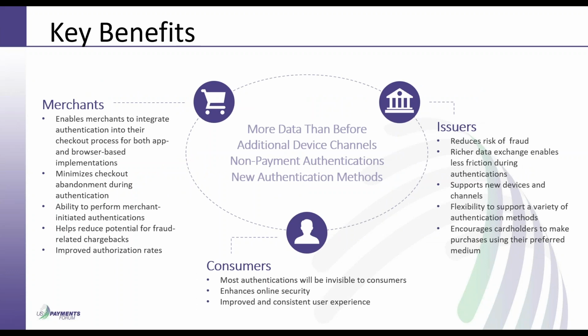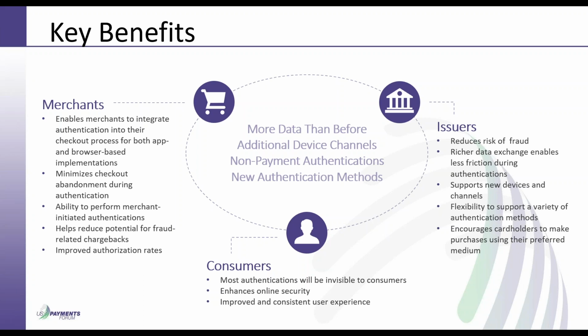Okay, so the EMV 3DS enhancements that I highlighted on the previous slide, they all contribute to the benefits that each stakeholder in the 3DS ecosystem receives. So for merchants, they're able to integrate 3DS into their app or browser-based checkout process and can expect a consistent look and feel even across issuers. Checkout abandonment is minimized during authentication.